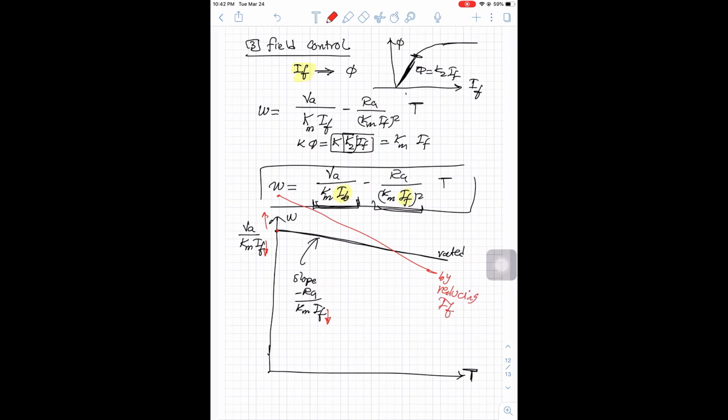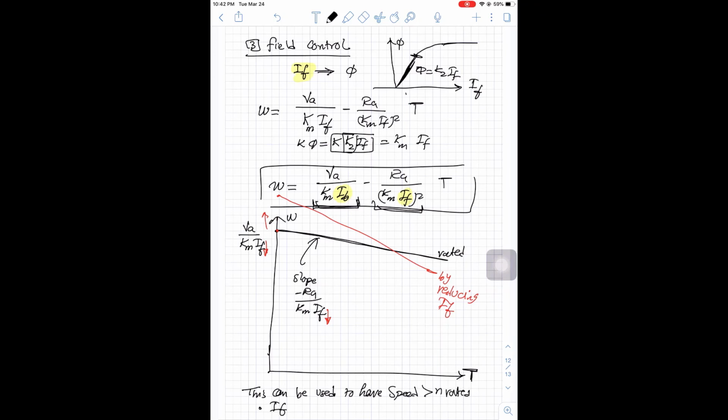By reducing IF, as you can see, the torque speed characteristic will shift up, which can give you speed above rated. So we can use this technique to increase the speed. This can be used to have a speed above N rated.